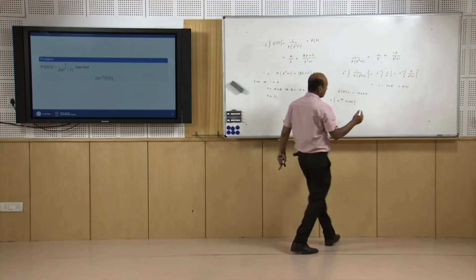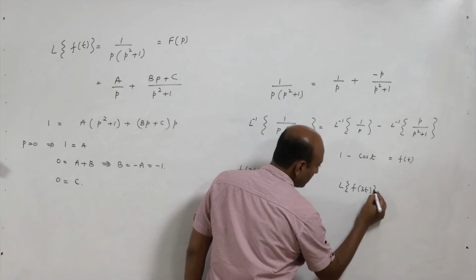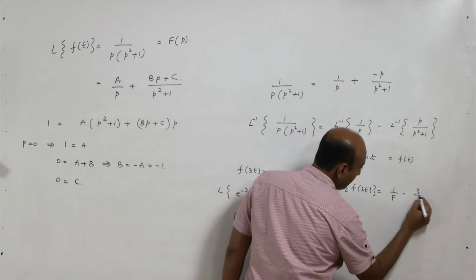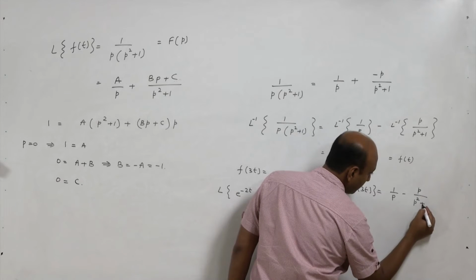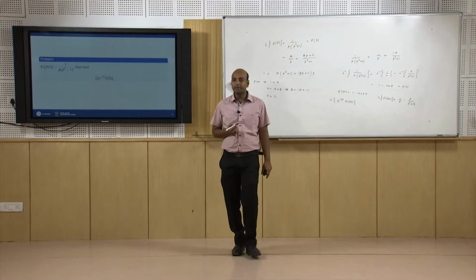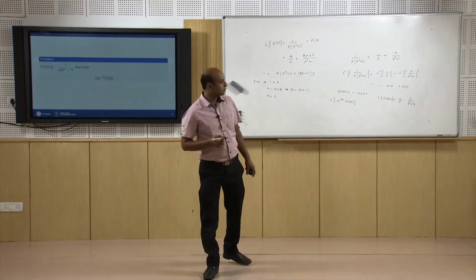So, what is the Laplace transform of f(3t)? Which is nothing but 1 by p minus p upon p square plus 9, where Laplace of cos at is p upon p square plus a square.